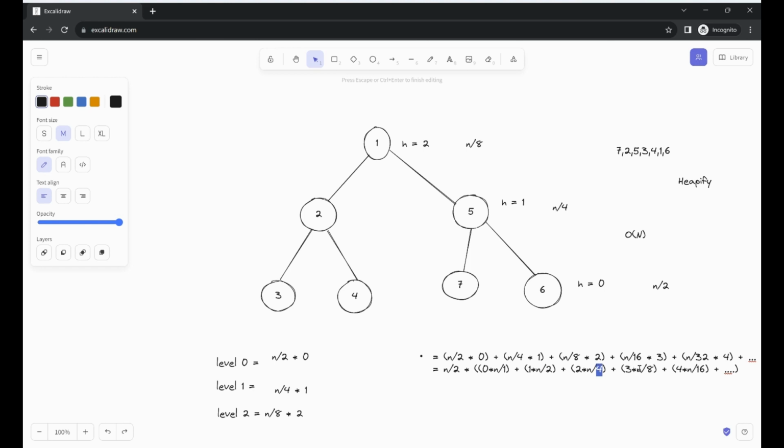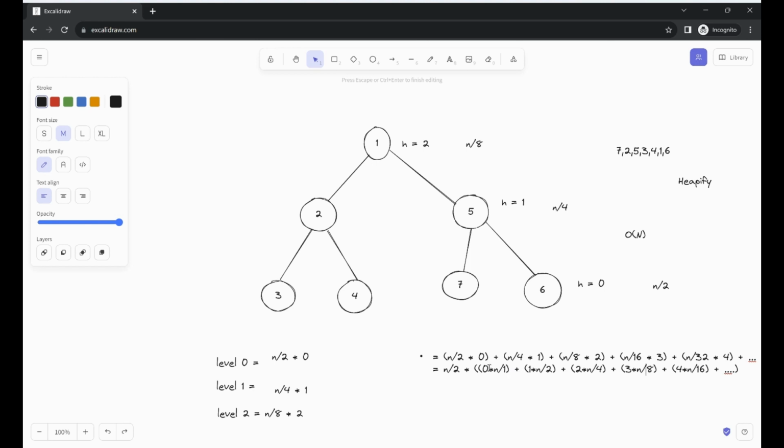This is 2 to the power of 2. 8 is 2 to the power of 3. 16 is 2 to the power of 4. And so we have 0 into n by 2 to the power of 0, 1 into n by 2 to the power of 1, 2 into n by 2 to the power of 2, 3 into n by 2 to the power of 3, and 4 into n by 2 to the power of 4.